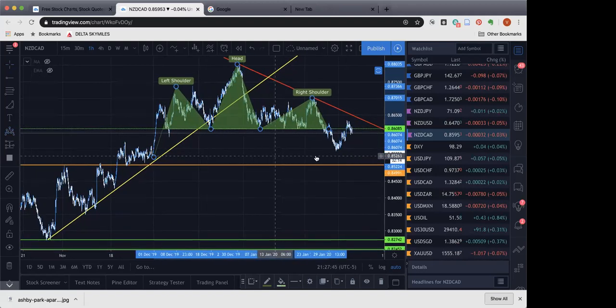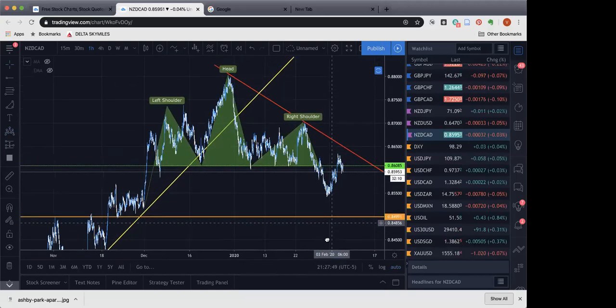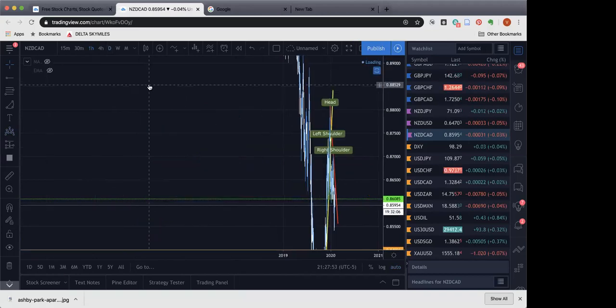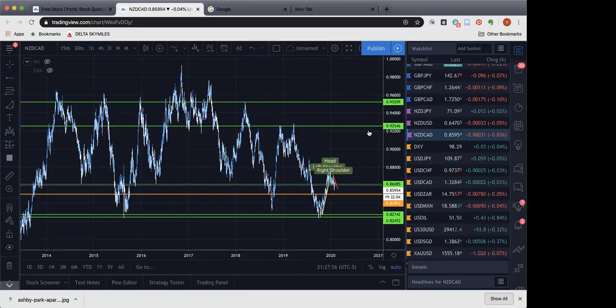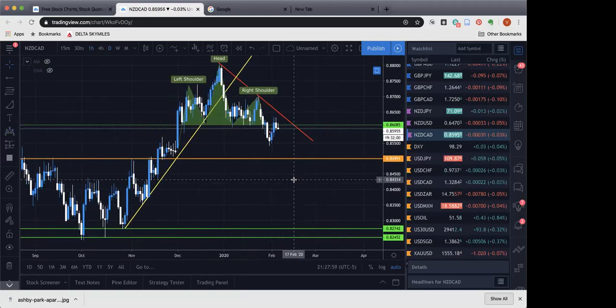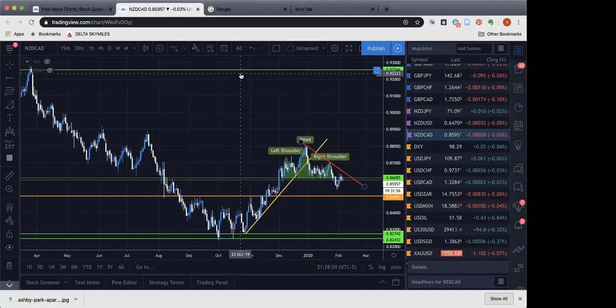And notice how this head and shoulder pattern, and this is how the Elliott wave incorporates into all of this, is a key reversal pattern when you're at a trend line or at a zone. Notice that.